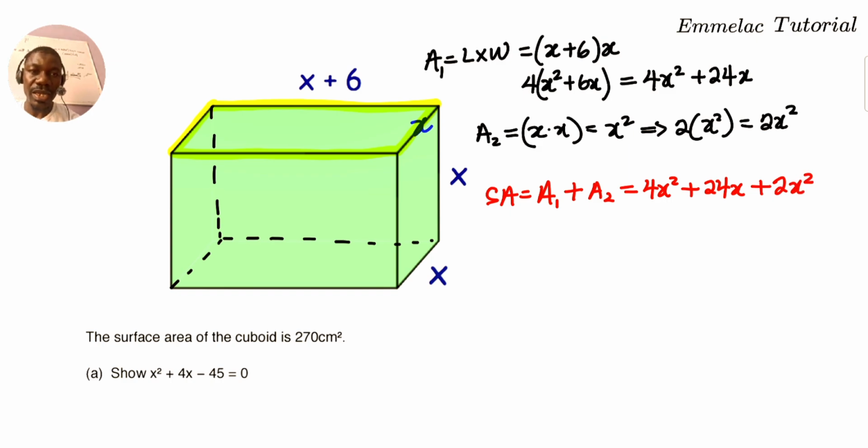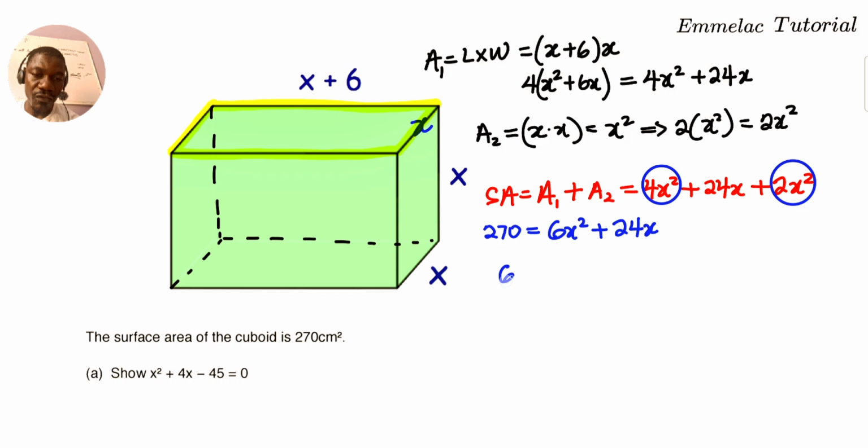Take note that the surface area is 270 centimeter squared. So here you have 270 equals, when we sum this and this, 6x squared plus 24x.